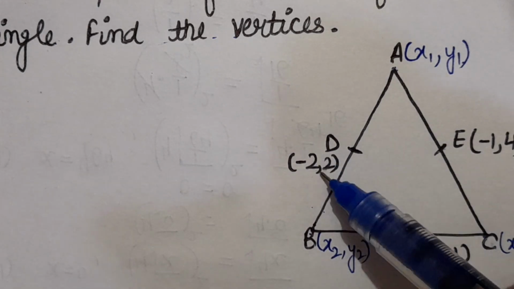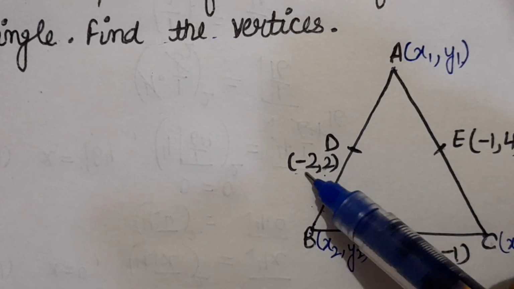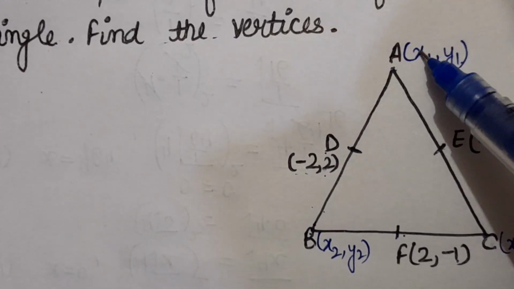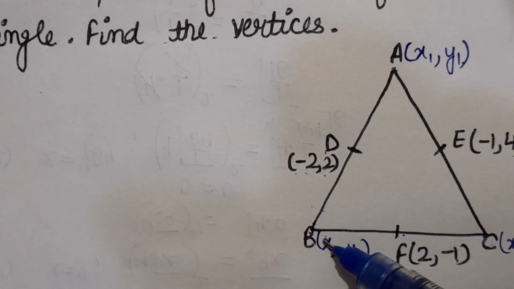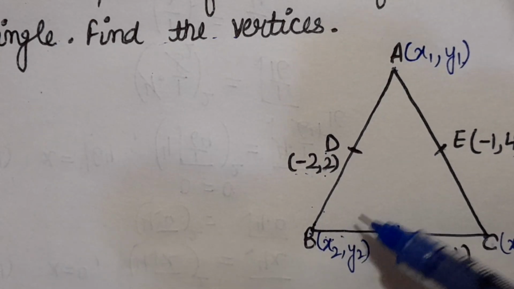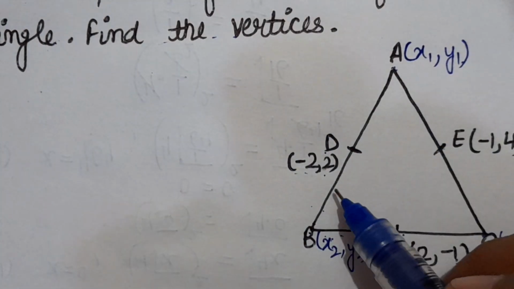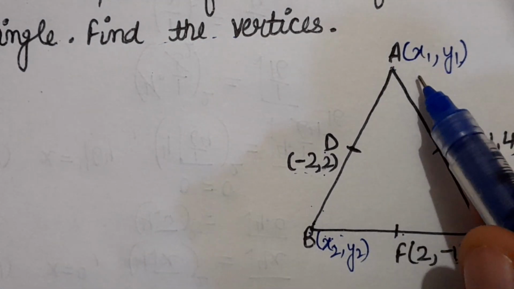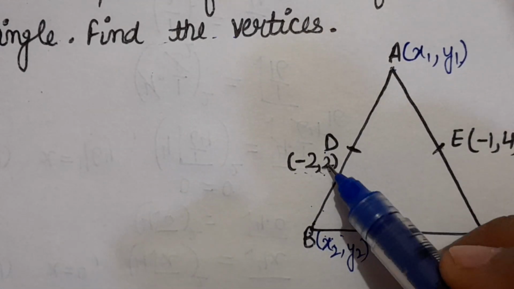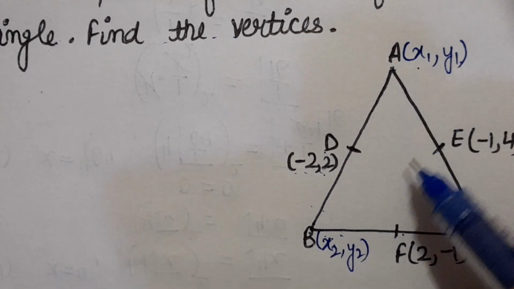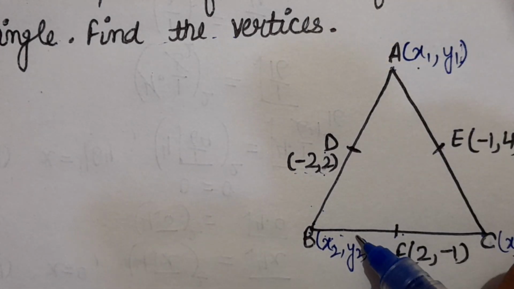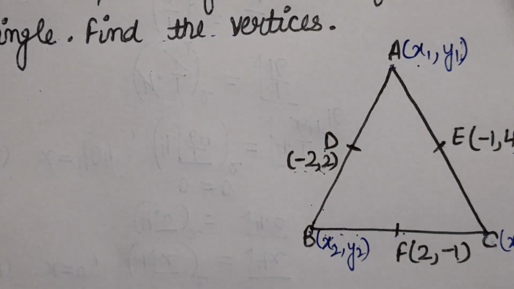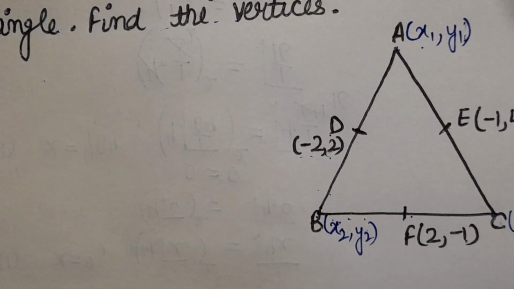That is, if we are given (-2, 2), then these coordinates are the sum of the endpoints divided by 2. That is, -2 is (x2 plus x1) by 2, and 2 is equal to (y1 plus y2) by 2.